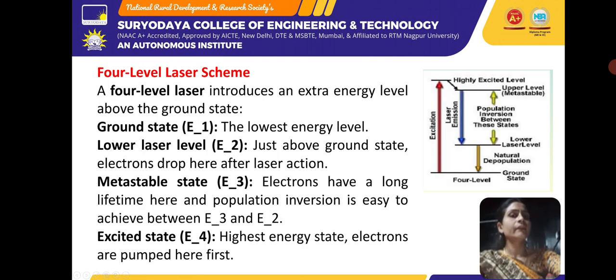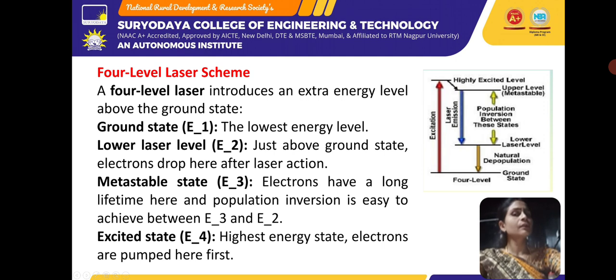Then the four level laser scheme. Again, the name itself indicates that it contains four levels. A four level system introduces an extra energy level above the ground state. Here again E1 is the lowest energy level, or the ground state.